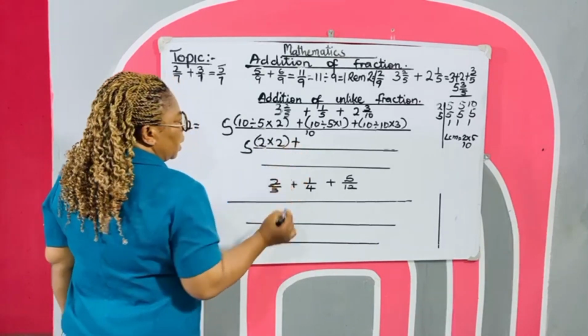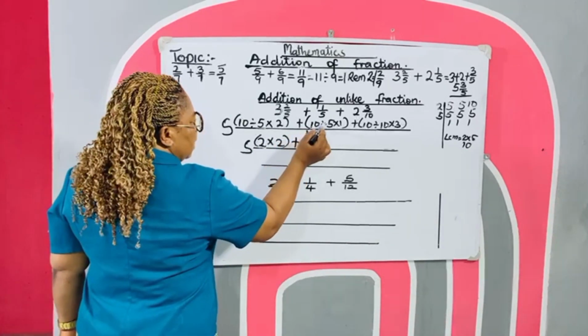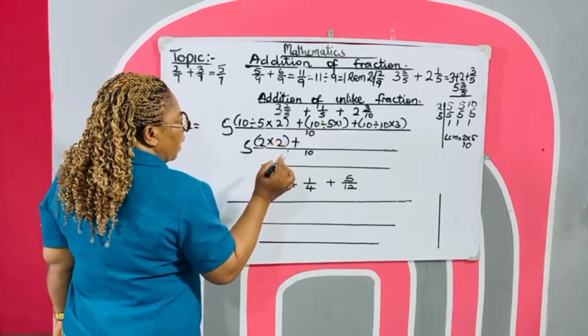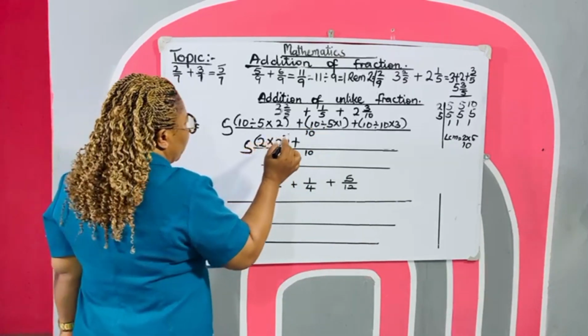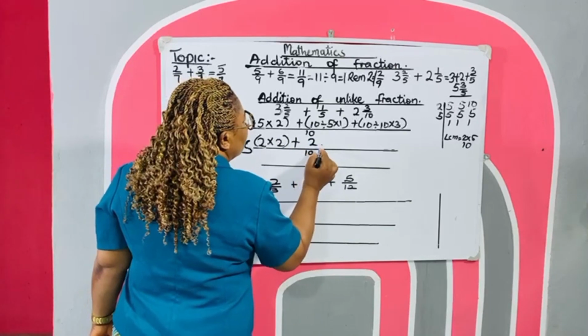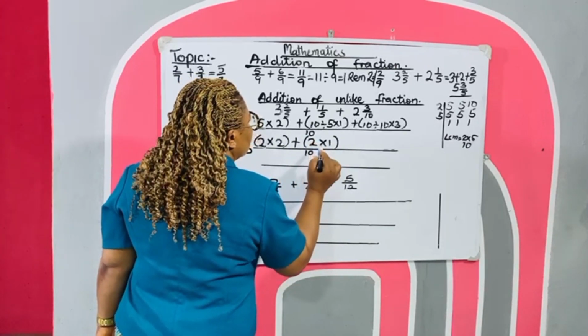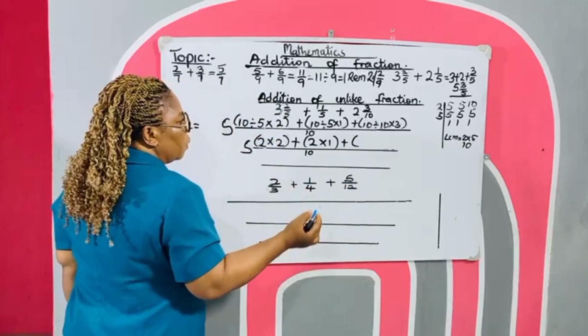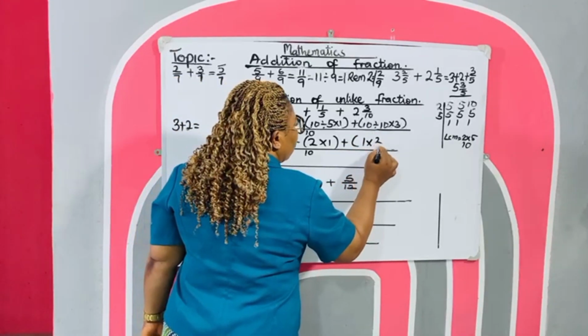Okay? The LCM is still here. 10 divide 5 again will give me 2 times 1, plus 10 divide itself will give me 1 times 3.